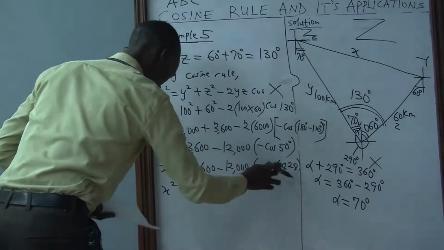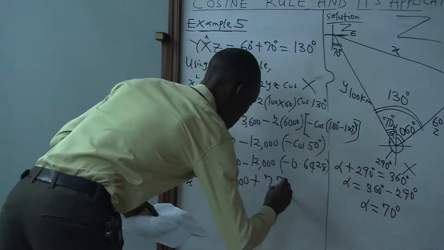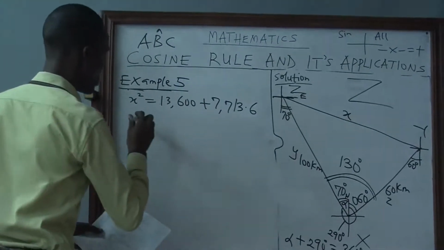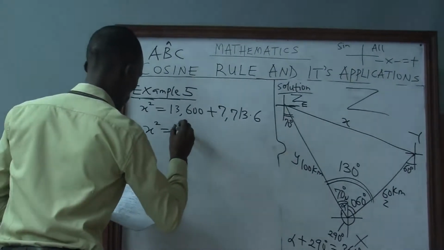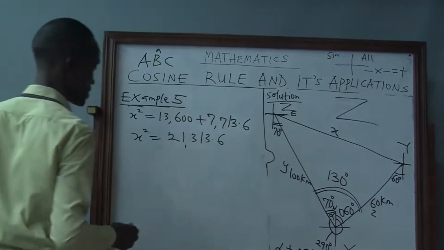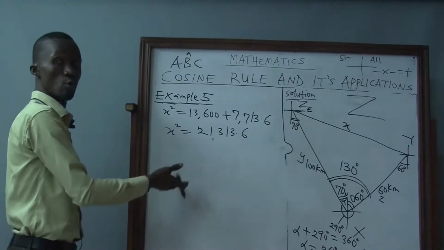Then the product of these two will give us 7,713.6. So by adding these two, we have x squared to be 21,313.6.